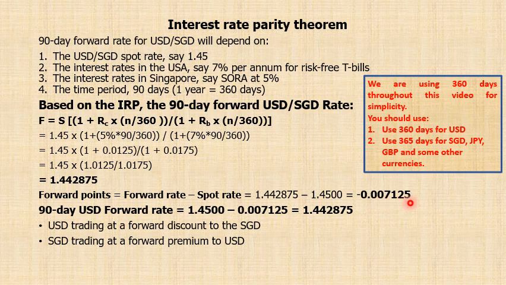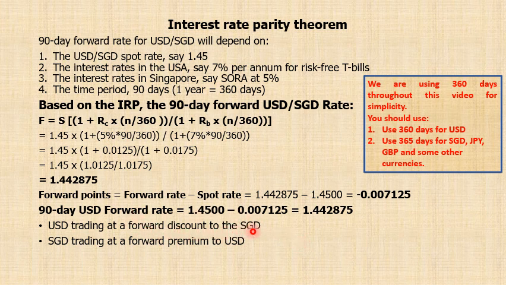Note that the Singapore dollar is the currency of the country with a lower interest rate, that is 5%, and USD is the currency of the country with a higher interest rate, 7%. Therefore, the 90-day forward rate comes to 1.45 minus 0.007125, which comes to approximately 1.442875. Since the forward points are subtracted from the spot, USD, the base currency, is trading at a forward discount to the SGD.